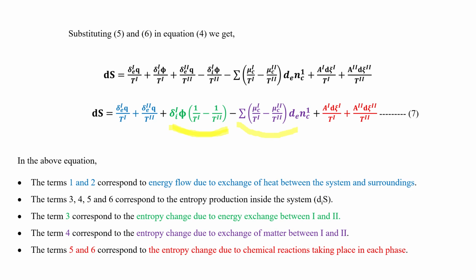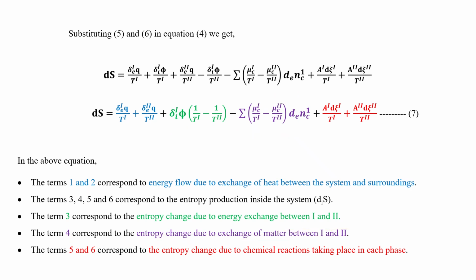Obviously, if there is exchange of matter, there may be some possibility of chemical reaction which leads to the change in chemical potential. So only here we have represented it as nu C1 and nu C2. So term 4 corresponds to the entropy change due to the exchange of matter between 1 and 2.